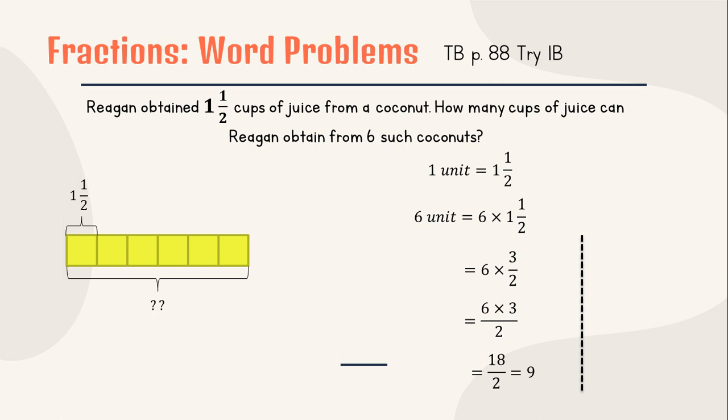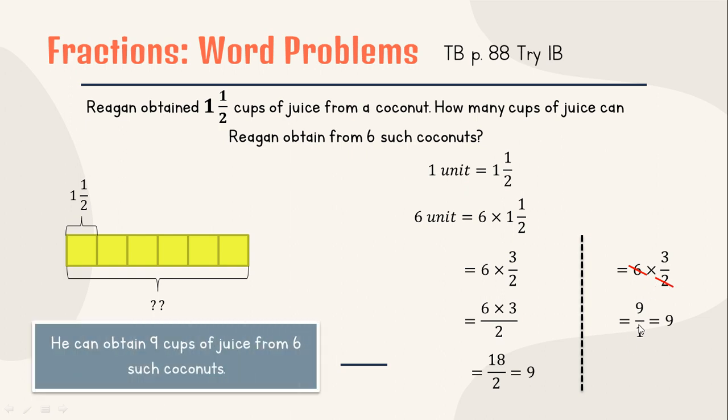That is the first method, 6 times 3 and then divided by 2, 18 divided by 2. But the second method, if you know how to simplify this, that's also welcome. So this is 3, this is 1. So 3 times 3, which is 9, over 1, and 9. He can obtain 9 cups of juice from 6 such coconuts. It's kind of easy.